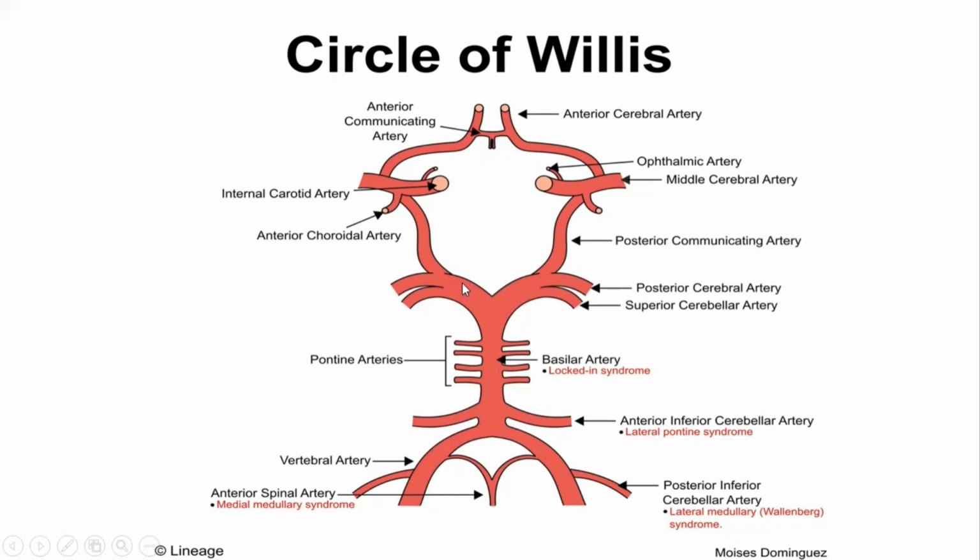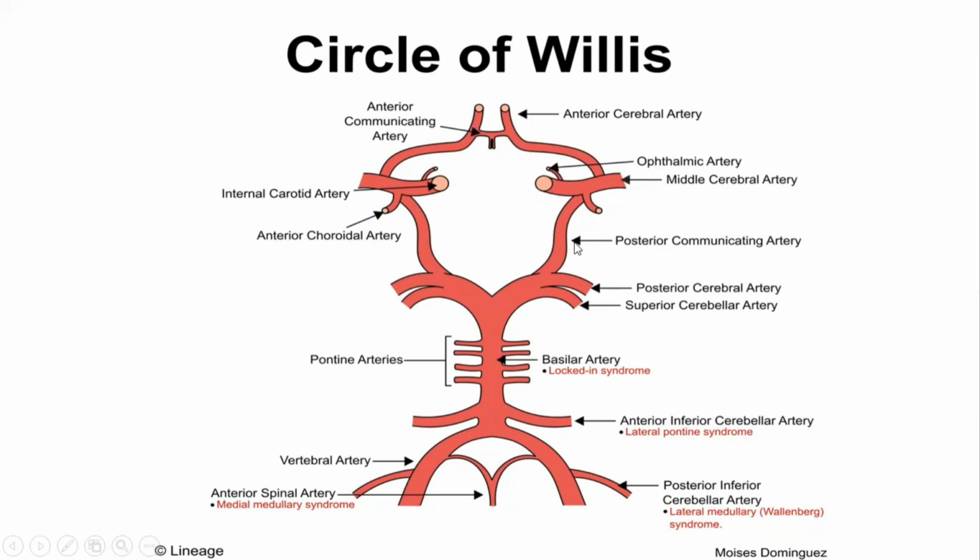Then from there we have these arteries and we have the posterior communicating artery. From outside there, we get the internal carotid artery right over here. Then we have the middle cerebral artery. Then right over here is the anterior cerebral artery, anterior communicating artery. We have then posterior communicating arteries. So this is the circle of Willis.